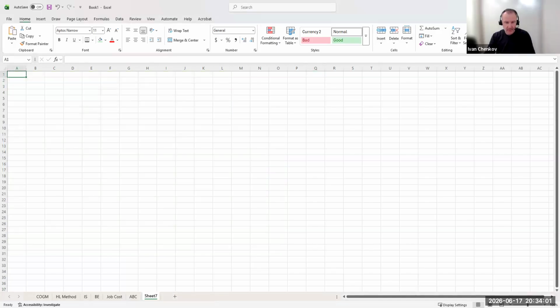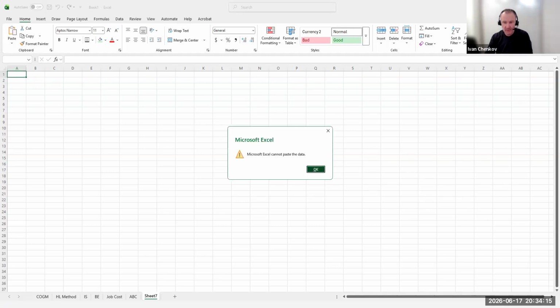Let me open another spreadsheet here. And from the slides, that will be the perfect example. Let me see if this is going to work. No, it doesn't work. Snipping tool again. Thank you, snipping tool. Very useful today.